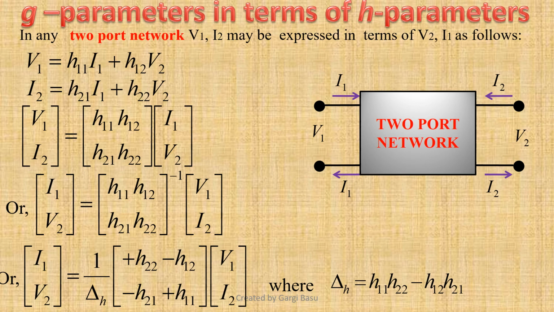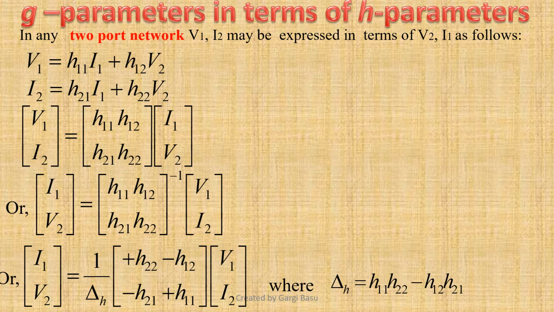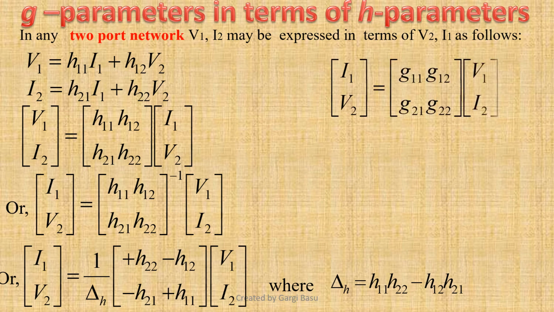When we describe a two-port network using G parameters, the linear equations used are written in matrix form as follows. Matrix of I1 V2 equals matrix of G11 G12 G21 G22 into matrix of V1 I2.